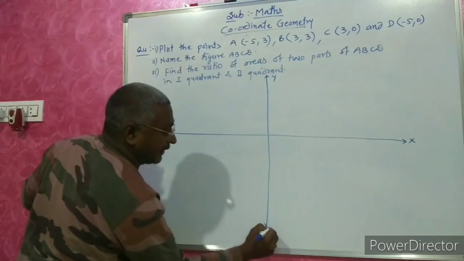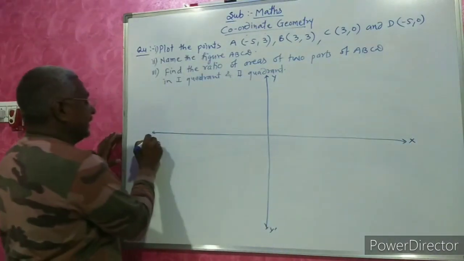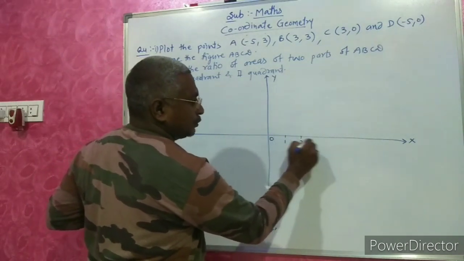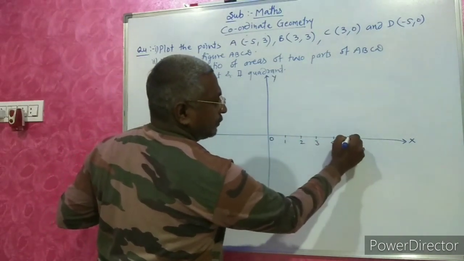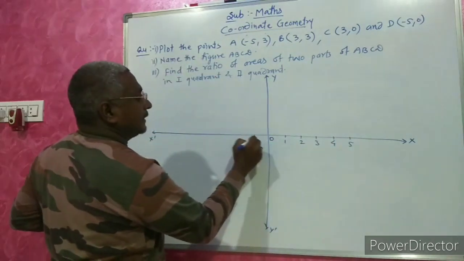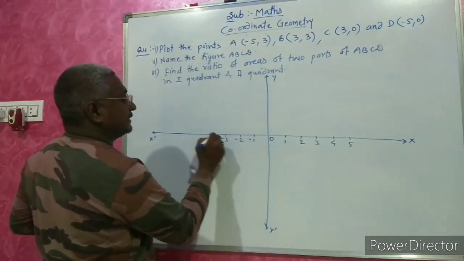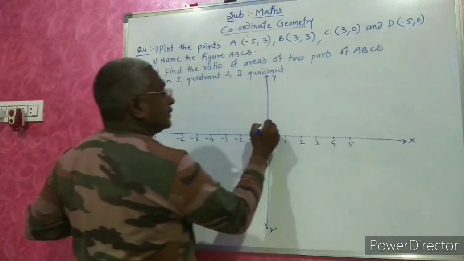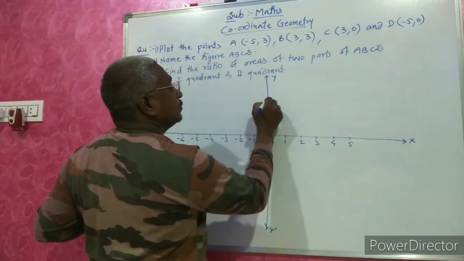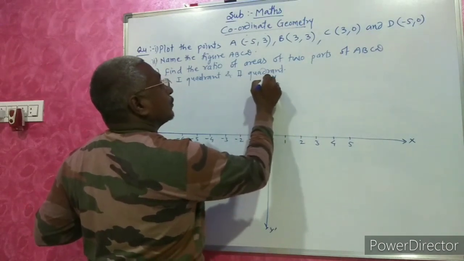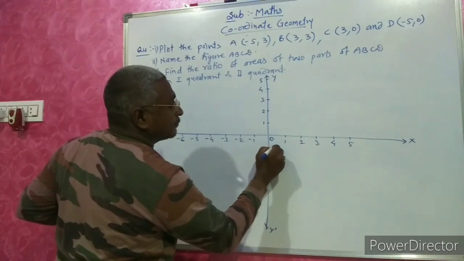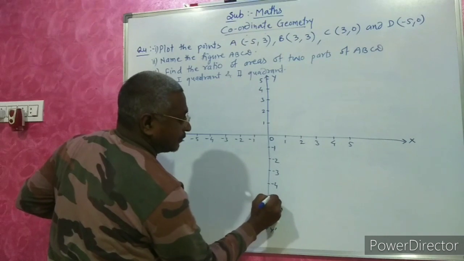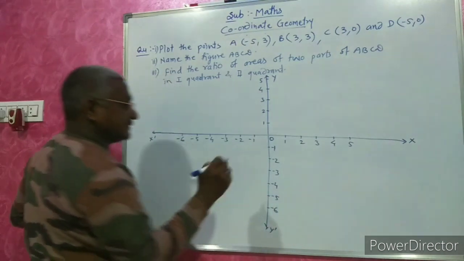So y dash, x dash, origin 0, then 1, 2, 3, 4, 5, and minus 1, minus 2, minus 3, minus 4, minus 5, minus 6 on both axes.